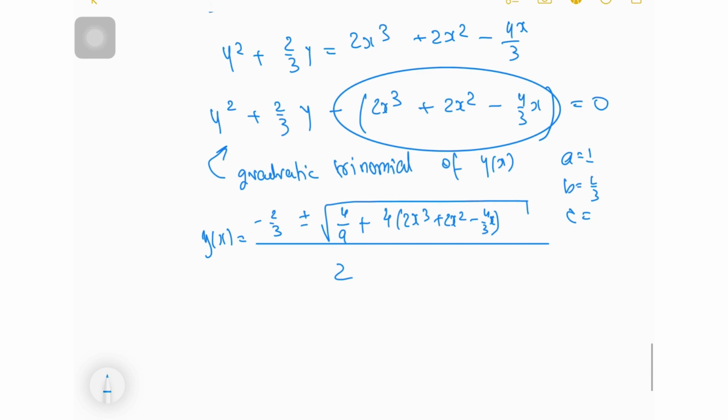So this is our function, and we have now to find y of, we have said y of 1 equals 7.